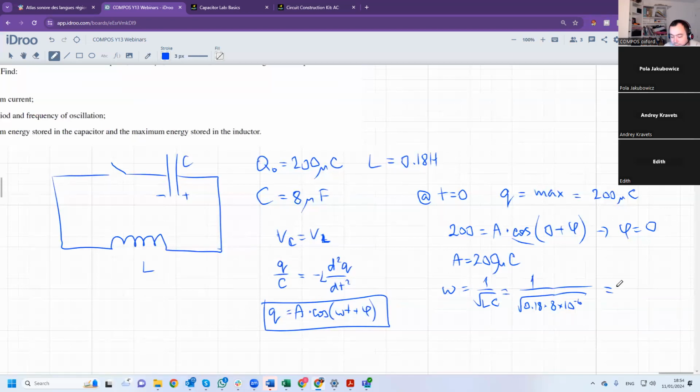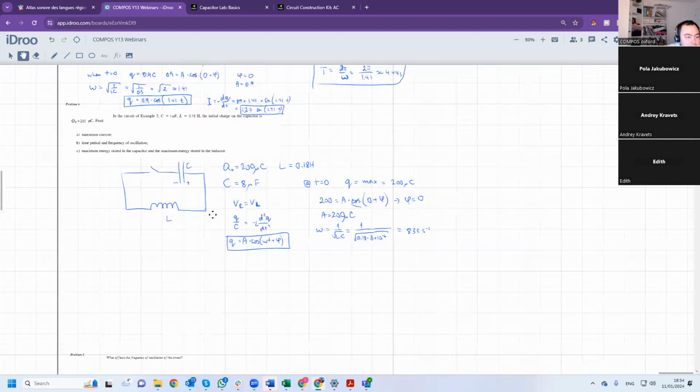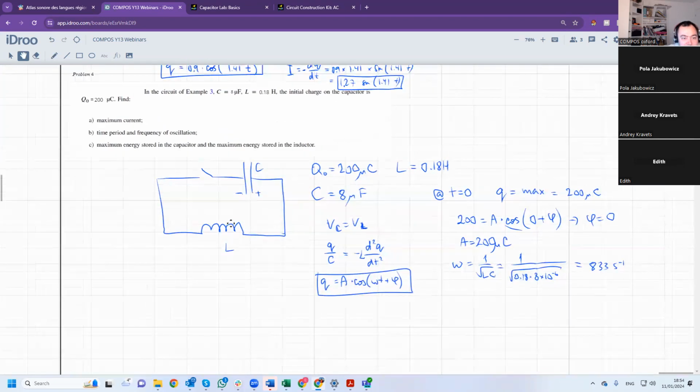So we're going to have 1 over square root of 0.18 times 8 times 10 to the minus 6. 833. This one. Okay. All right, so what do we need to find? The maximum current.